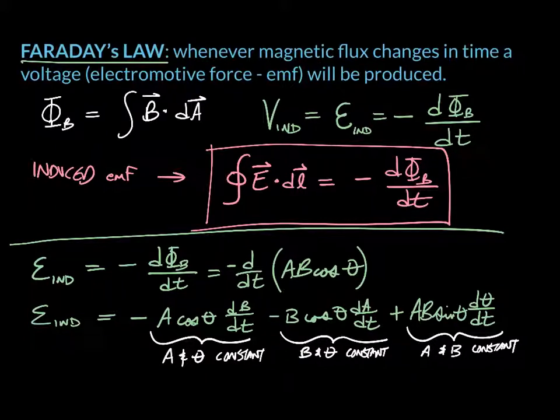And so I would expect, even if I didn't know what the product rule is, if I didn't have that procedural knowledge, I would expect that if the area and the angle are not changing, then A cosine theta would remain constant. But the magnetic field would be changing. And there's a zillion ways that we could have just arbitrarily picked to symbolize the changing magnetic field.